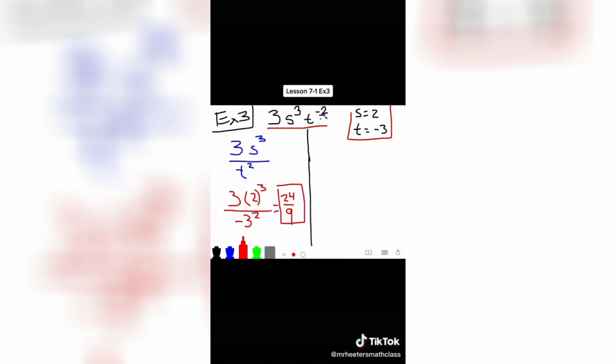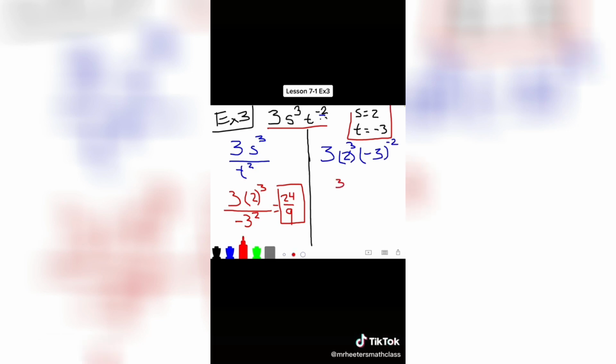The other way you could do this is to rewrite it, but plug in s and t right away. So you could rewrite it as 3 times 2 to the 3rd power, then -3 to the -2nd power, then simplify it.